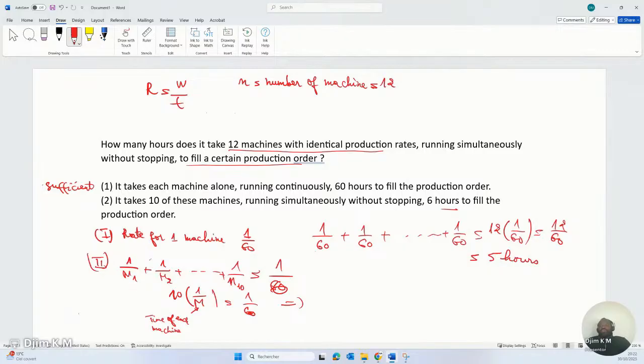So we will have 6 times 10 is equal to M, which is equal to 60 hours.